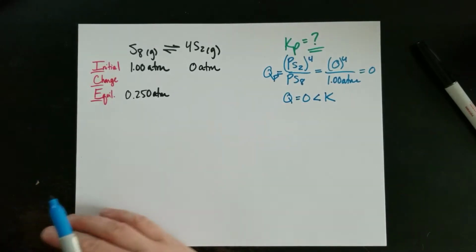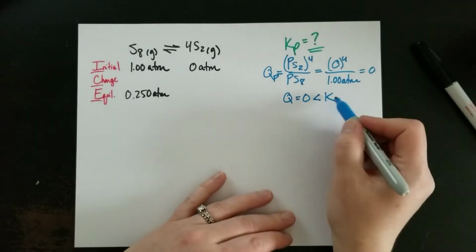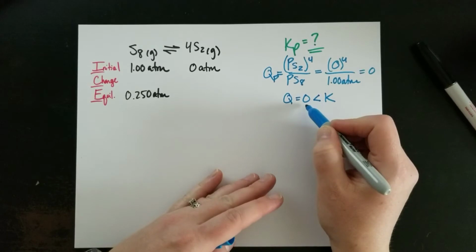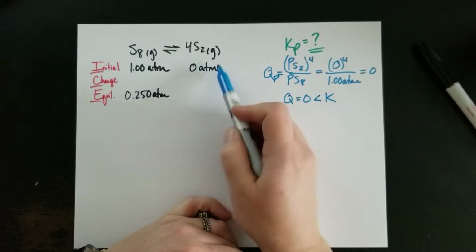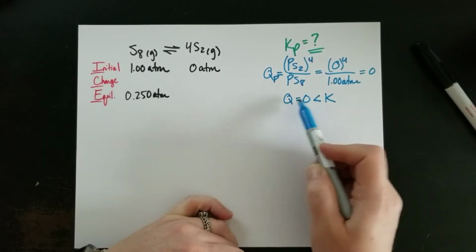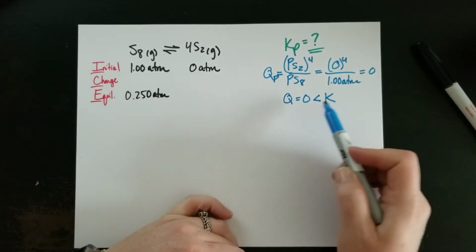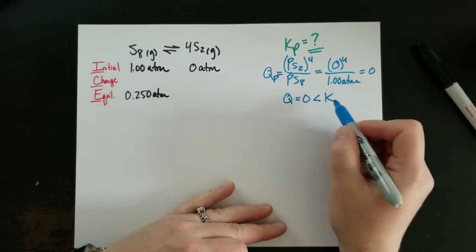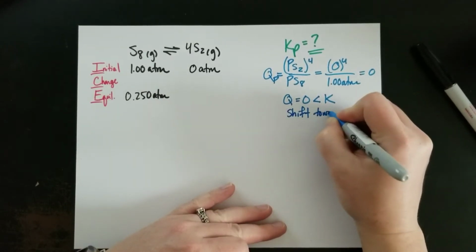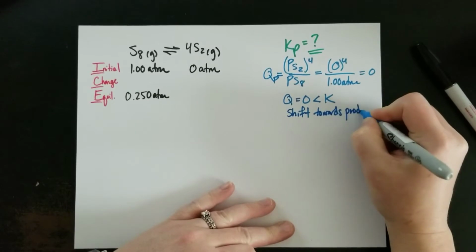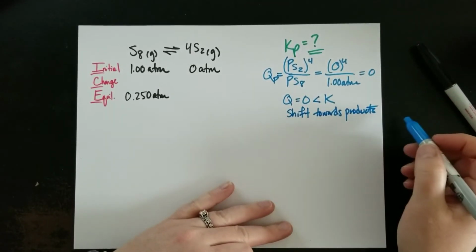It can be really, really small or it can be really, really large, but it's always going to be greater than 0. So in these situations where you start with only reactant and no products, Q is always going to end up giving you a 0, which is always going to be less than K. And when Q is less than K, we need to shift towards products to get to equilibrium.